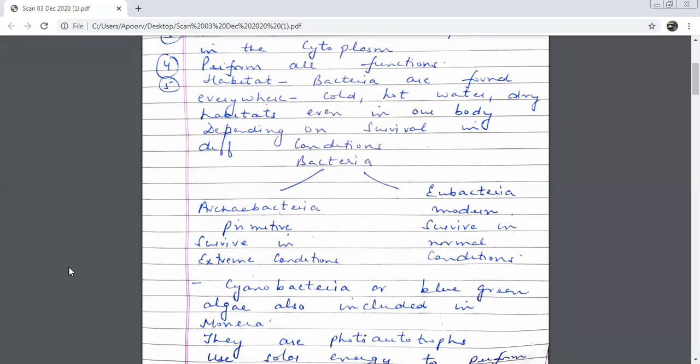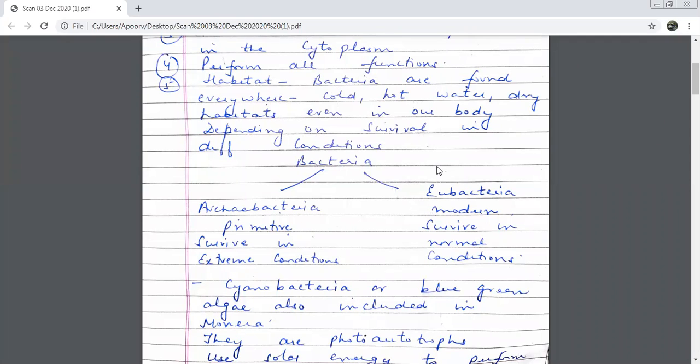So on the basis of survival in different habitats, bacteria are classified into how many categories? Two. What are the two categories? Archaebacteria and eubacteria. Which ones can survive in adverse conditions, extreme conditions? Archaebacteria.